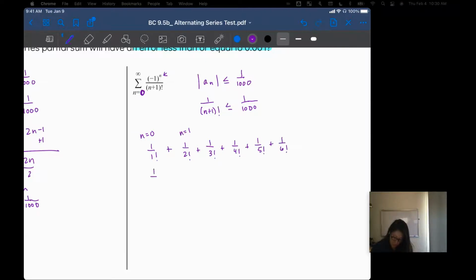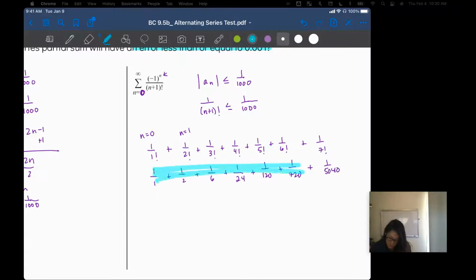And I'm just going to evaluate this as 1 over 1, plus 1 over 2, plus 1 over 6, plus 1 over 24, plus 1 over 120, plus 1 over 720, plus 1 over 7 factorial, which gives me 1 over 5,040. So I would need to add these first 6 terms in order to get a partial sum that has an error less than 1/1,000.